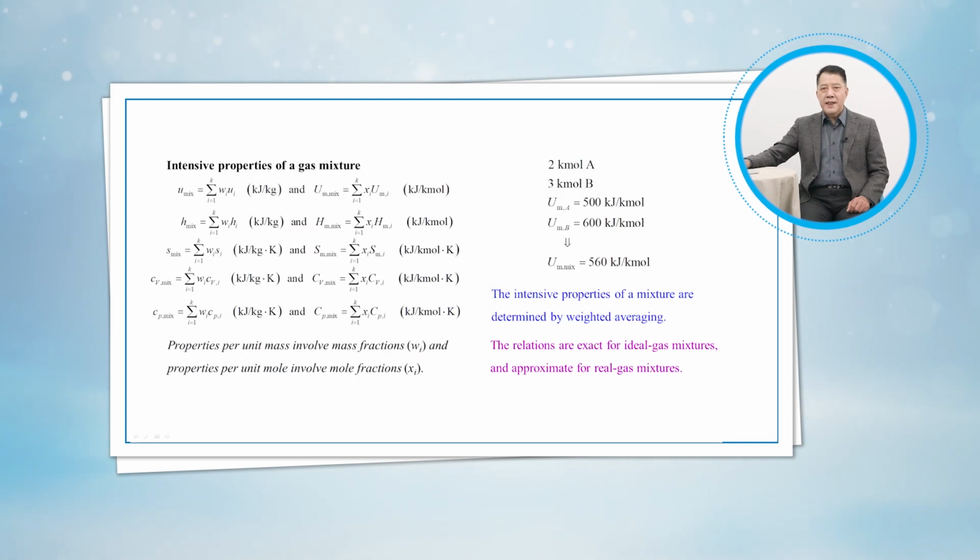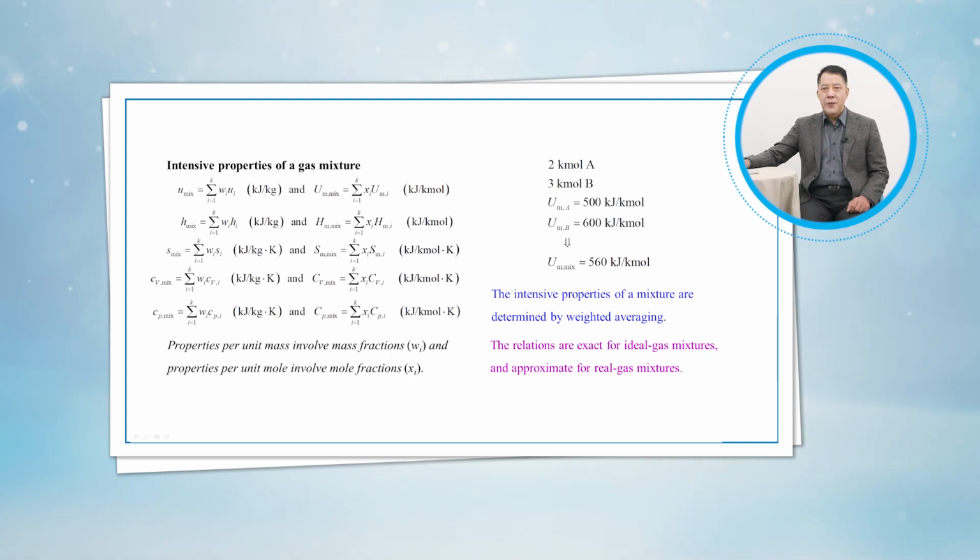Now, reconsider the same mixture and assume that both nitrogen and carbon dioxide are at 25 degrees centigrade. The temperature of the mixture is, as you would expect, also 25 degrees centigrade.